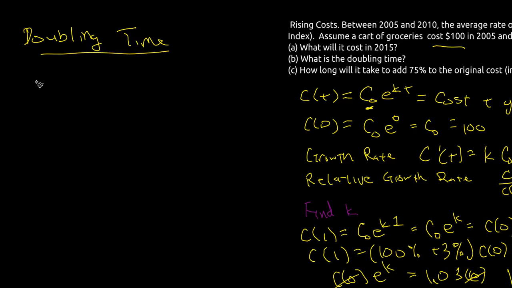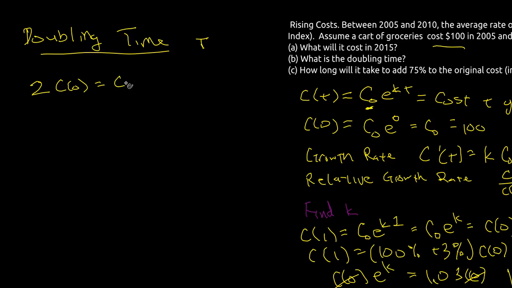Well, the doubling time is going to be expressed as 2 times the original cost, and let's call the doubling time capital T. It's the time it takes for the cost to double.